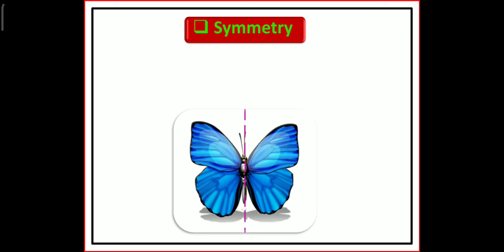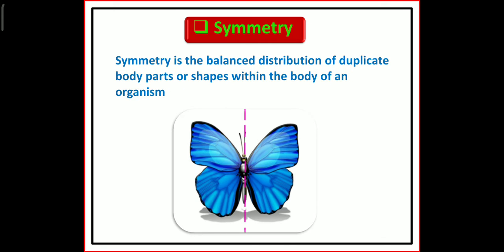Now, first of all, I would like to discuss symmetry, one of the most important bases of classification. What is symmetry? Symmetry is the balanced distribution of duplicate body parts or shapes within the body of an organism. In the animal kingdom, there are 5 types of symmetry.